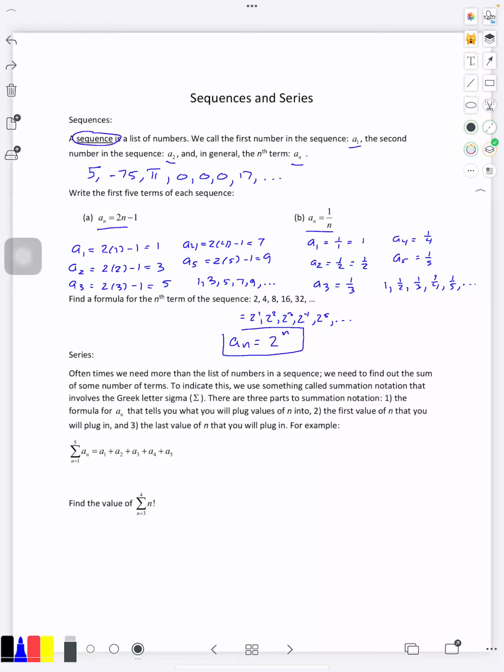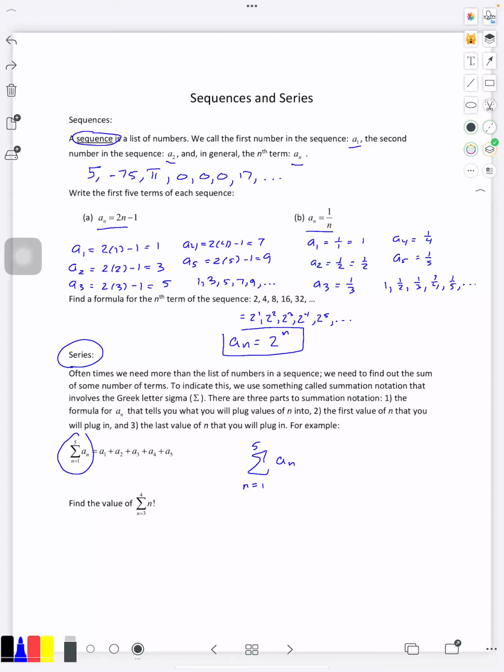Now that we've talked about sequences, we also need to talk a little bit about what series are. A series is when you are adding up the numbers in a sequence, and you can specify that you add up certain numbers of it. So the notation that we're going to use is sigma notation here. And every part of this notation is going to be important to figuring out what's going on.